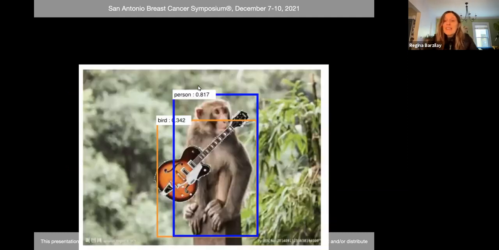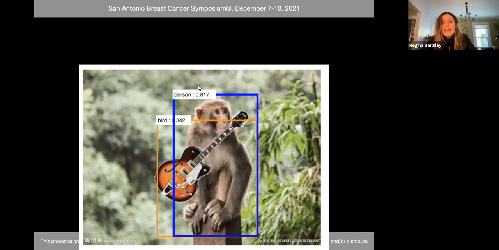And I hope that you will remember this picture: what the models can actually do, they are really great at picking up what is called nuisance variations. This is a funny picture, so hopefully it will stay in your mind. If you take the top computer vision model and train it to recognize animals, it has no problem identifying a monkey as a monkey.